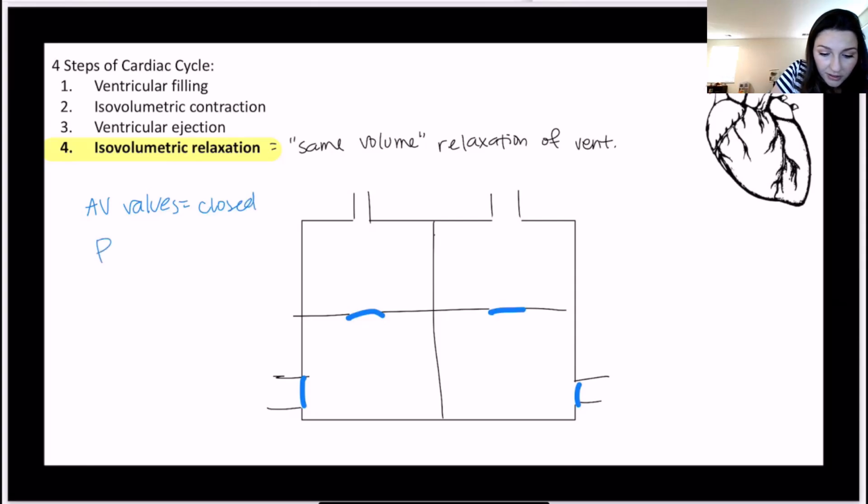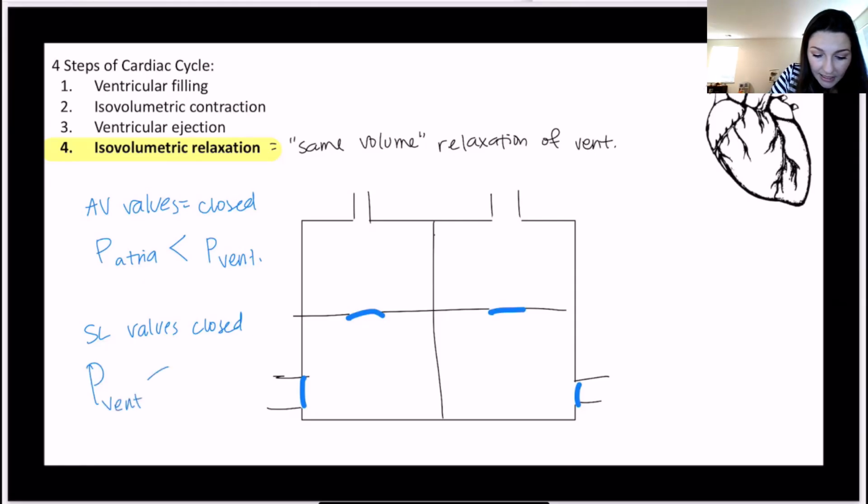That's because the pressure in the atria is less than the pressure in the ventricles. The semilunar valves are closed, and that's because the pressure in the ventricles is less than the pressure in the aorta and the pulmonary trunk.